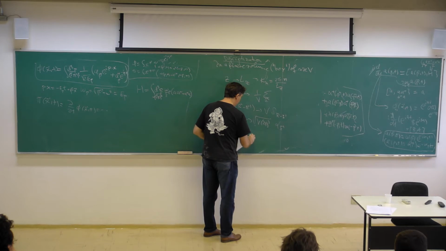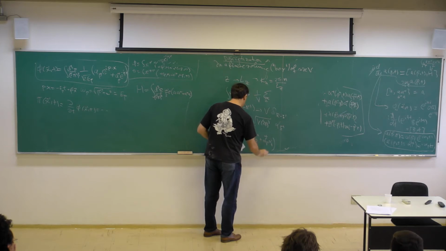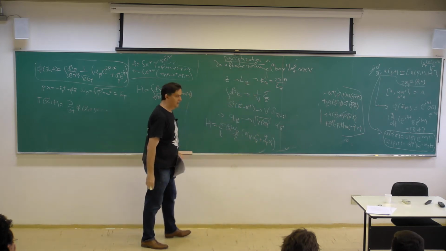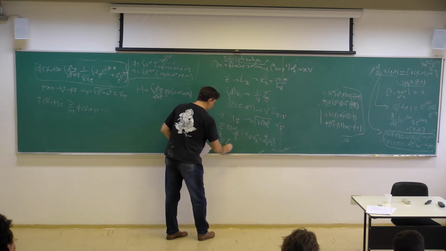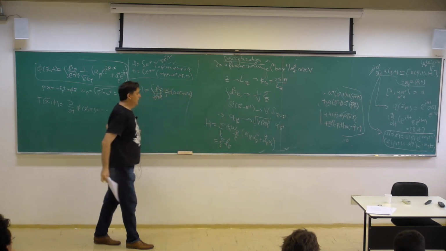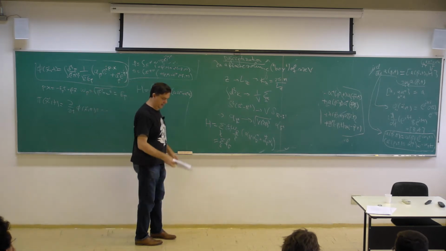And then alpha k alpha dagger k plus alpha dagger k alpha k. Okay, so now this is truly the sum over Hamiltonians of independent harmonic oscillators.